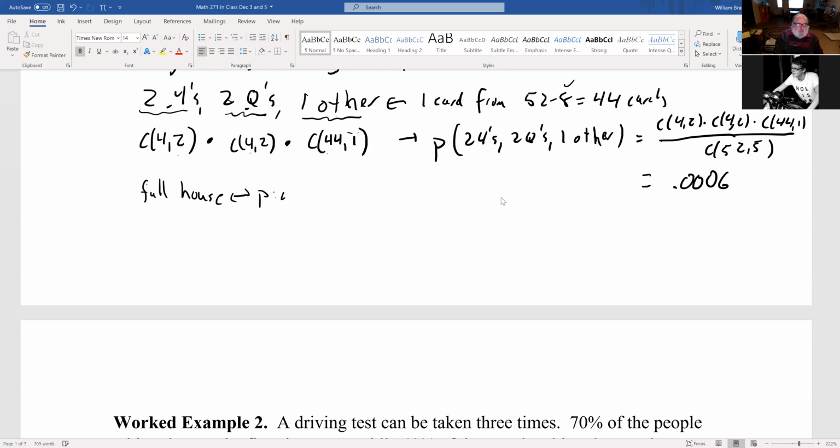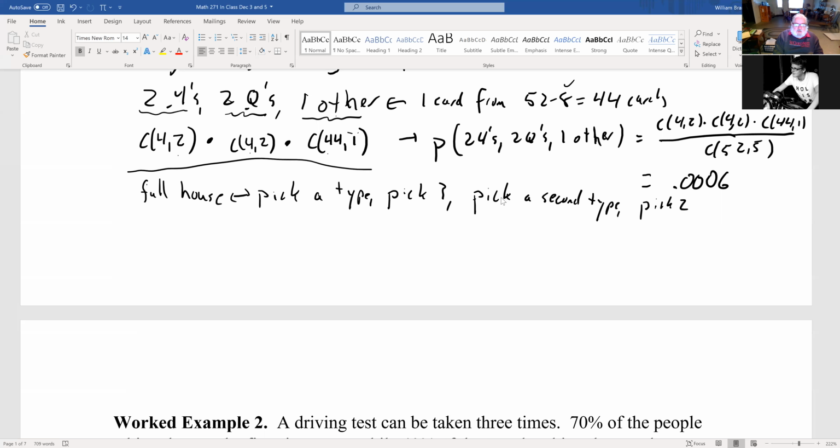You pick a type, and then you pick 3 of that type, and then you pick a second type, and then you pick 2 of that type.